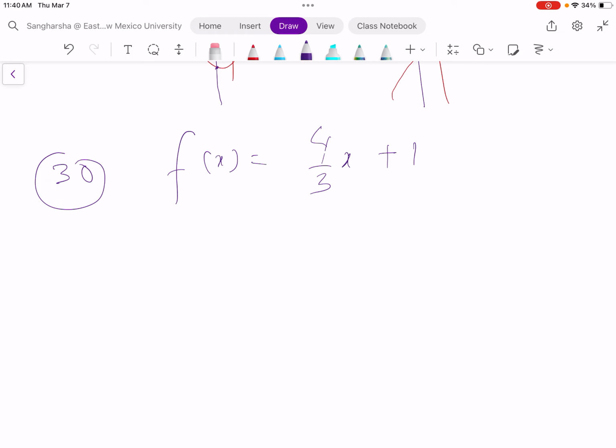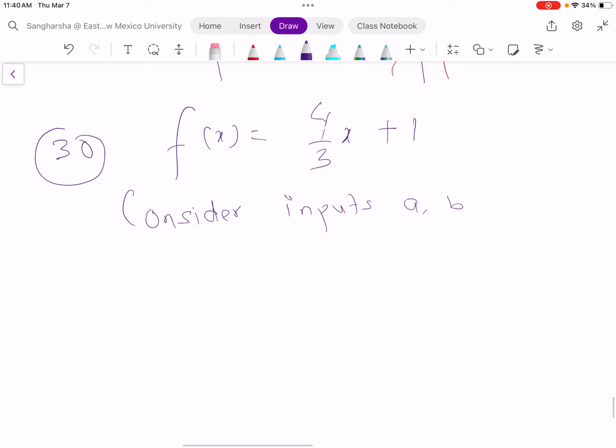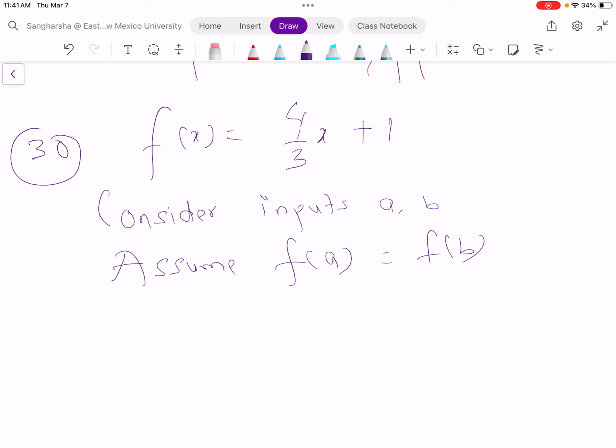So for this, we consider any two inputs, A and B, or you can use P, Q, anything. And we assume the outputs for these inputs are the same. So we assume that f of A equals f of B. You take any two inputs, it doesn't matter.